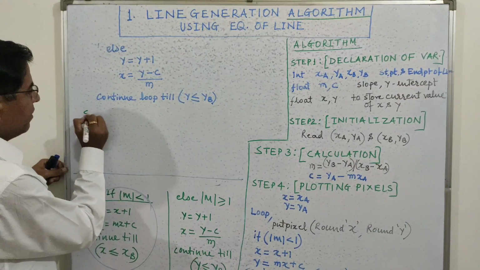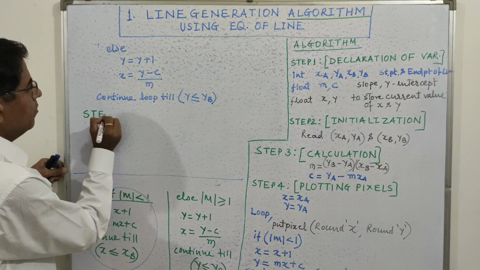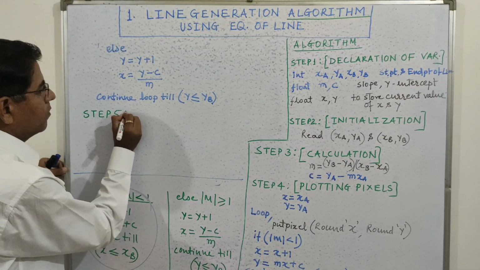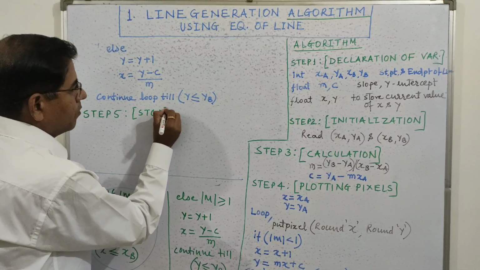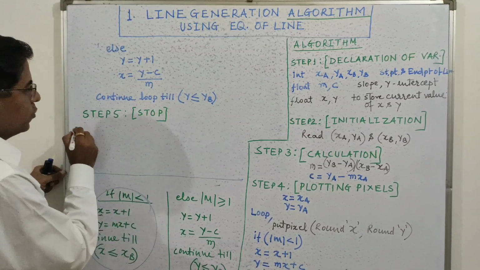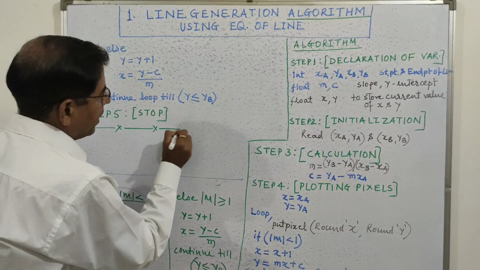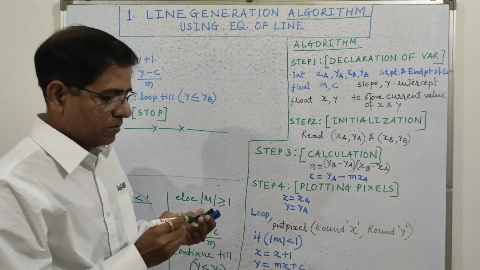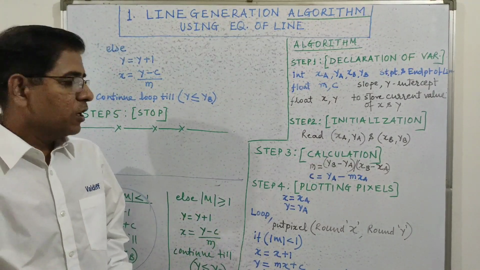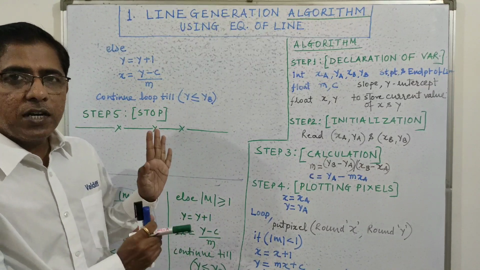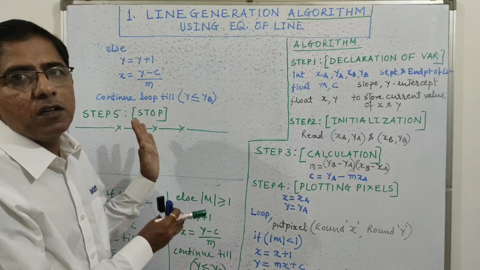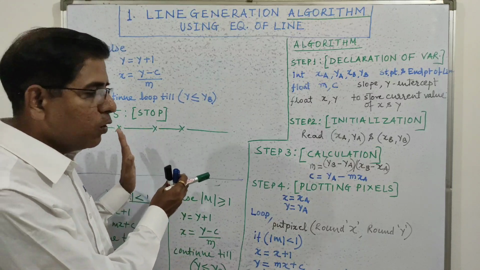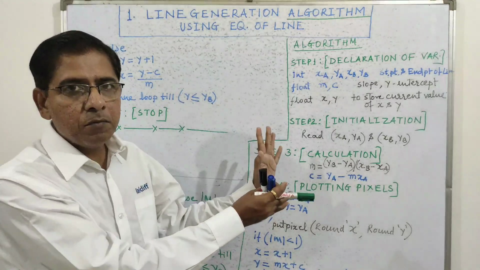So step number 5, stop. Okay. So here this algorithm ends. In this video we have seen the mathematical analysis of the equation of line algorithm, and then we have written the mathematical logic in the form of an algorithm.